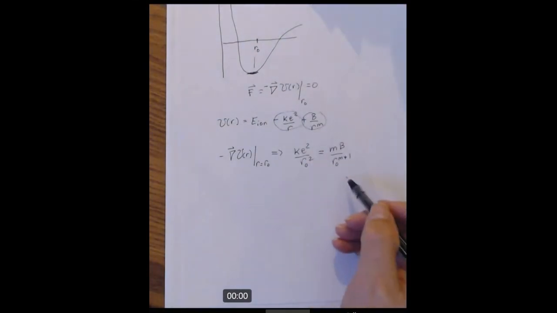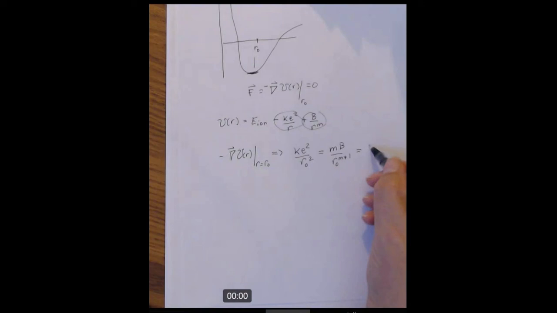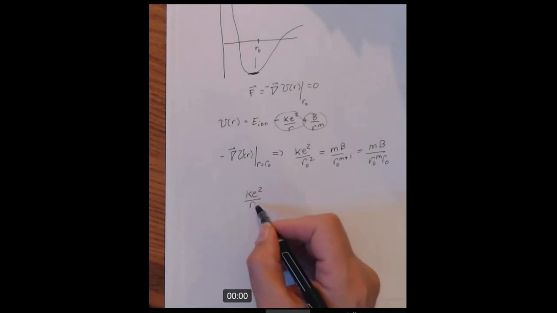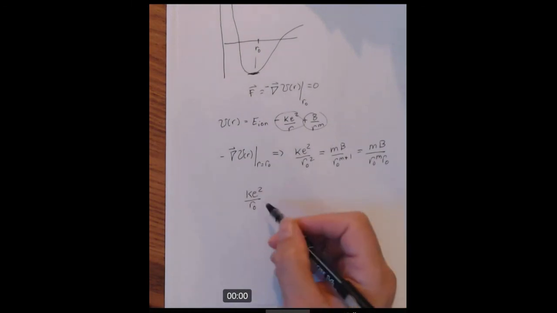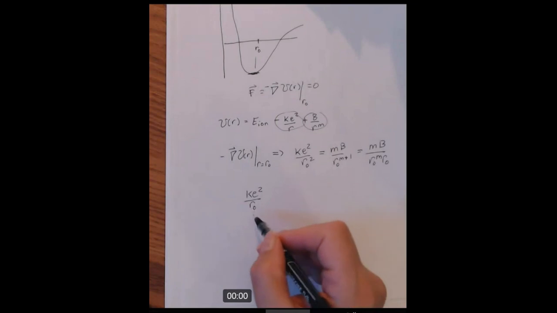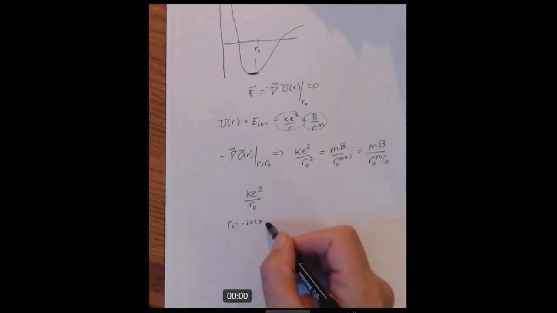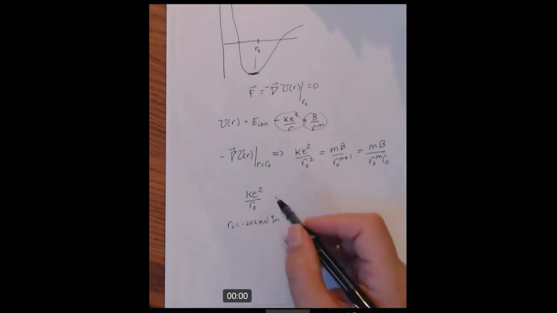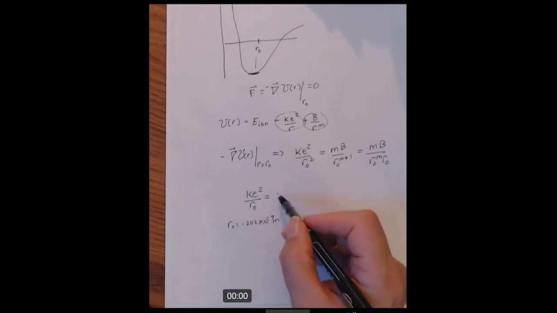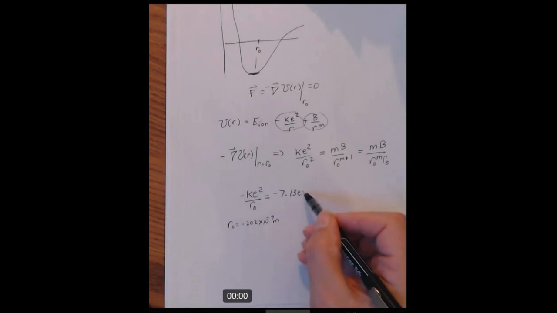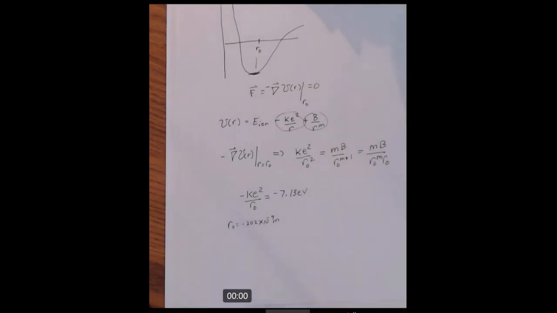Now I'm going to rewrite this side right here. The Coulomb potential energy at the equilibrium. Remember, I know what R naught is. R naught is 0.202 times 10 to the negative 9 meters. If I put the negative sign in, that'll be negative 7.13 electron volts, and you can double check that.